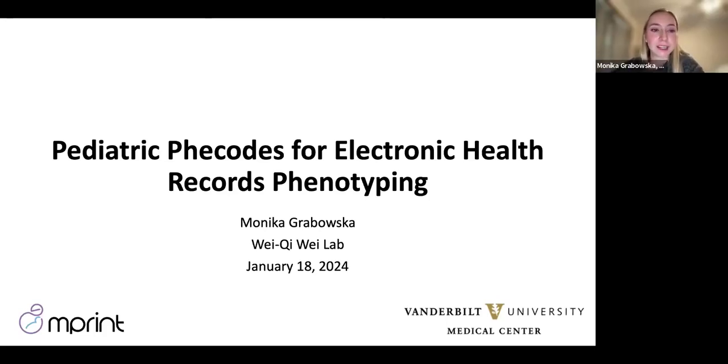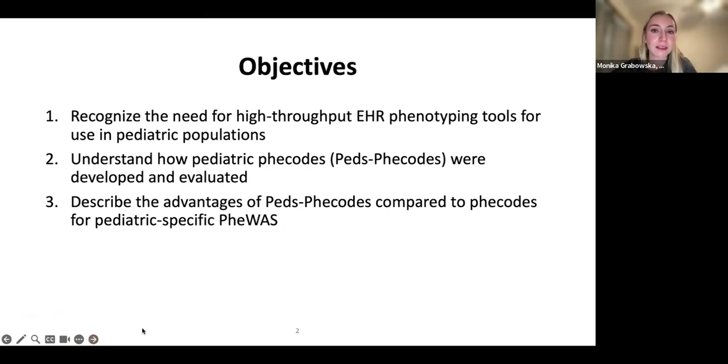As mentioned, I'm excited to be talking about our work on pediatric Phecodes for electronic health records phenotyping. Before we get started, I have a few learning objectives up here. First, I'll talk a little bit about electronic health records phenotyping, specifically high throughput phenotyping, and then the tools that exist for high throughput phenotyping, and also the need for new high throughput phenotyping tools specifically designed for use in pediatric populations.